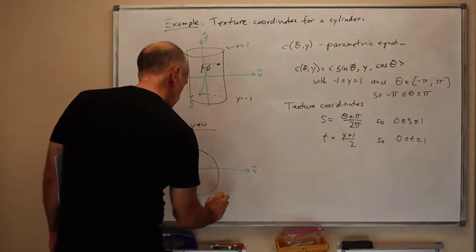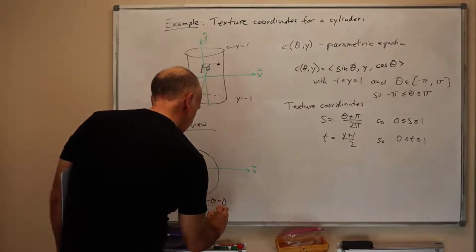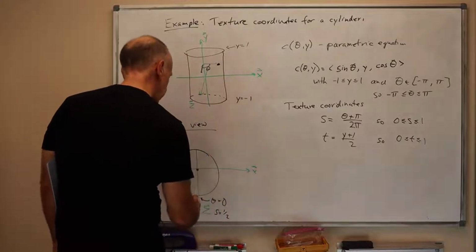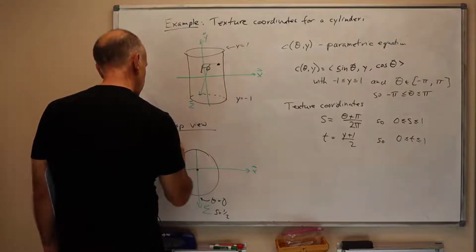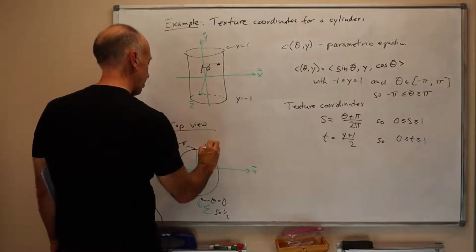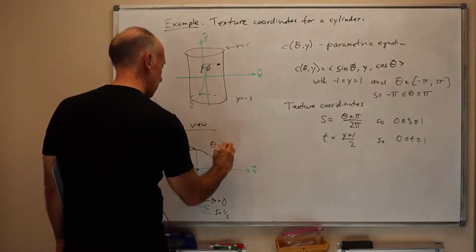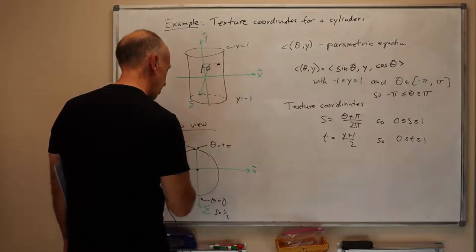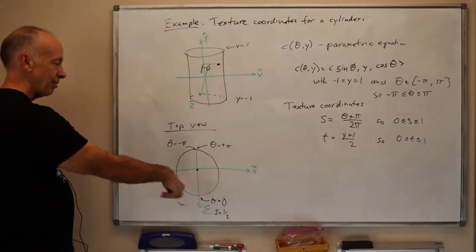Theta equals 0 is in the front, and that's where s equals 1/2, and theta equals minus pi is in the back there, but also theta equals plus pi is in the same spot there. The theta is wrapped around.